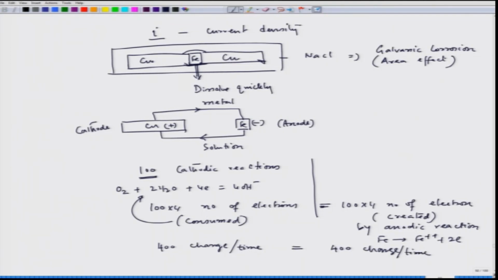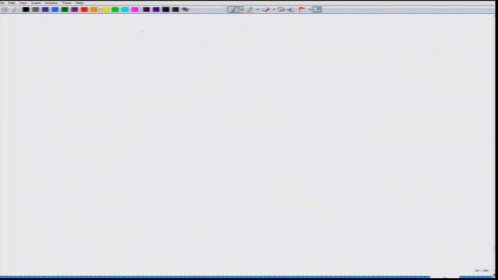That means the current, which is I A for the anodic reactions, and for the cathodic we take the modulus of I C, taking care of the negative sign. Now, I C equal to I A.